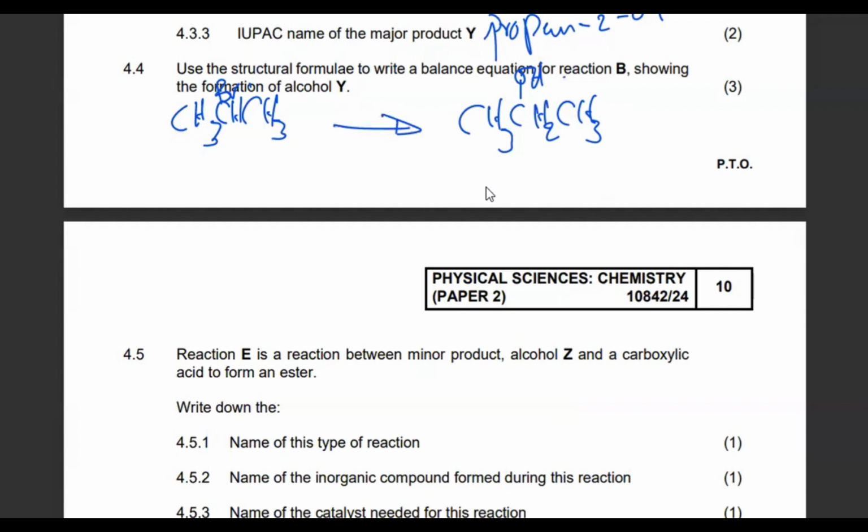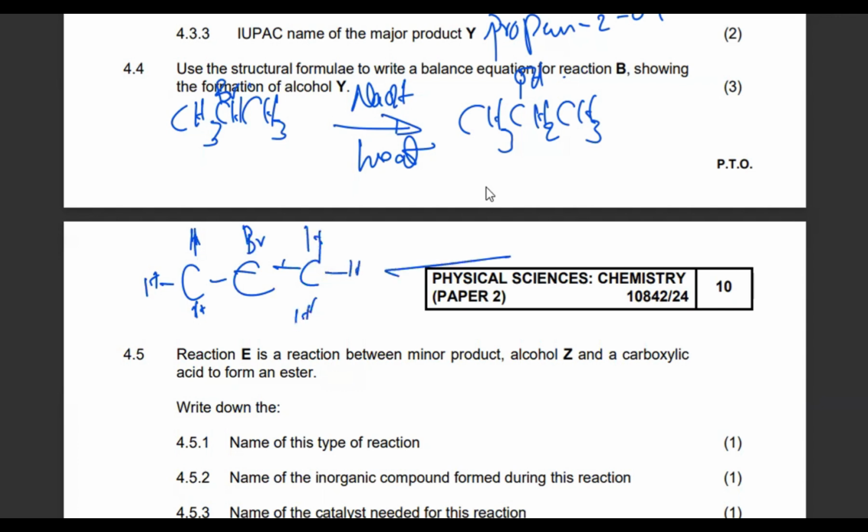We add a strong base, sodium hydroxide, and then you heat. They want the structural formula, so you have to write all the bonds: hydrogen, hydrogen, hydrogen, carbon, bromine here, then hydrogens, then sodium hydroxide, and heat. You understand?